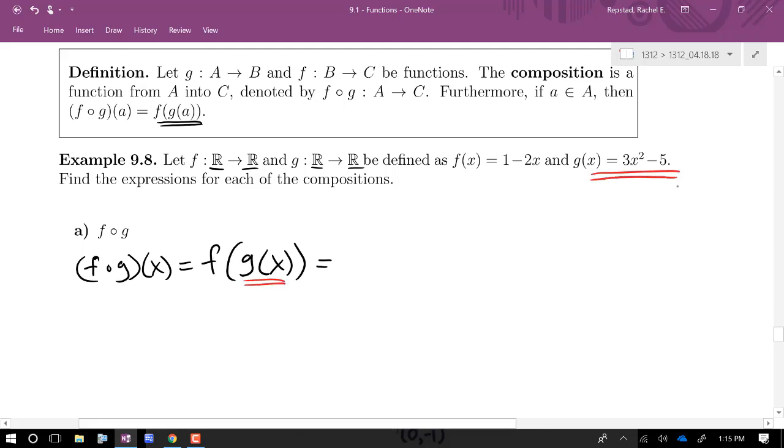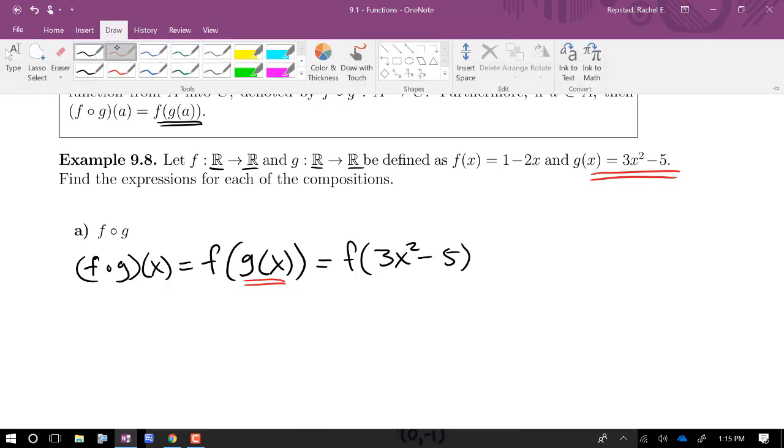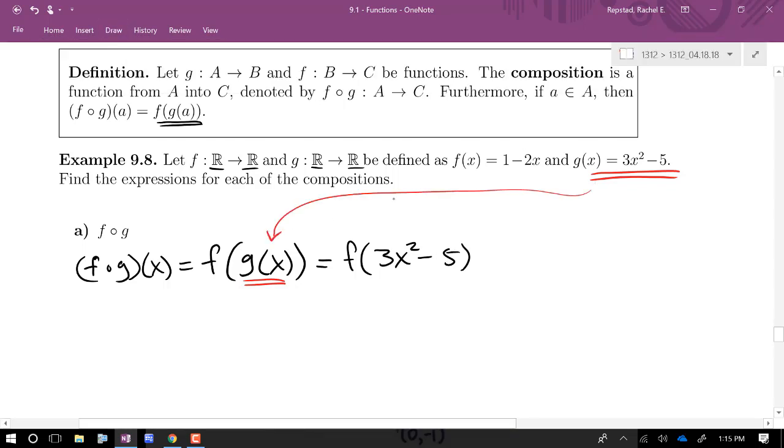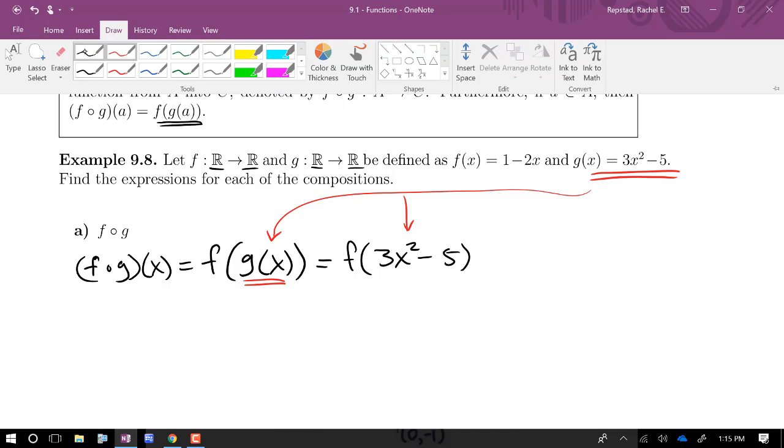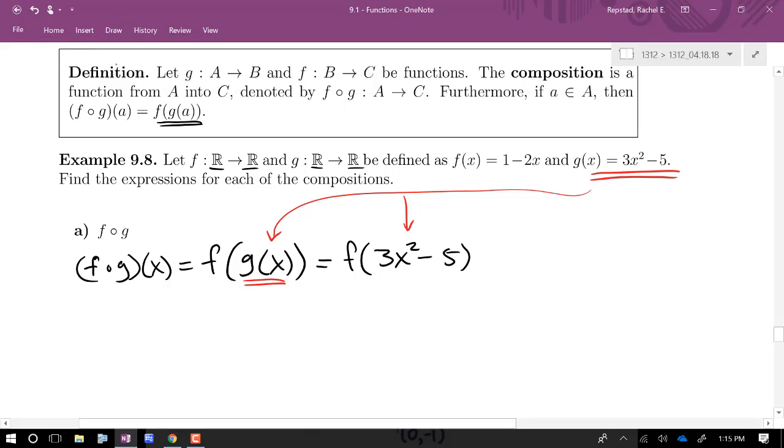So G of x is 3x squared minus 5. So this is F of 3x squared minus 5. So we are now at a position where we just want to plug in this expression to the F function. It's like the ones we did on the previous page.